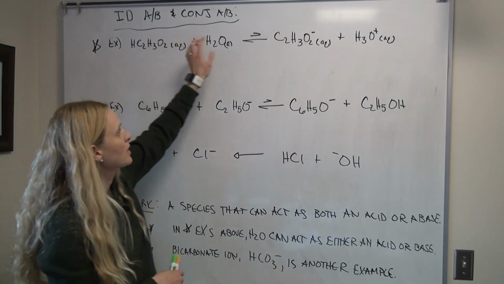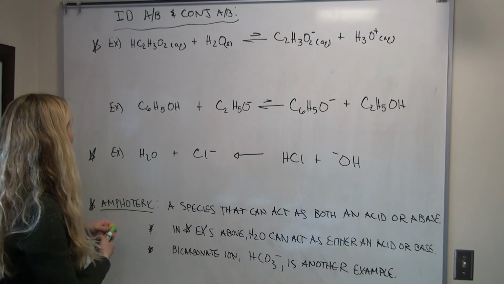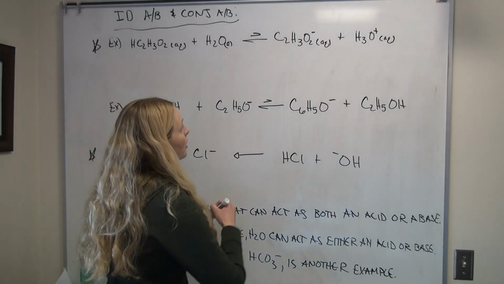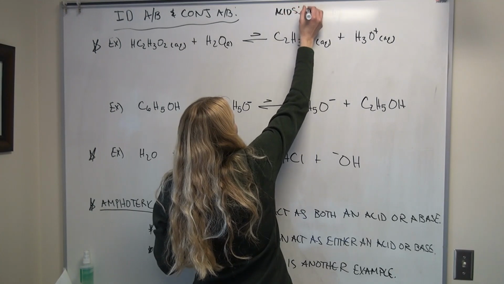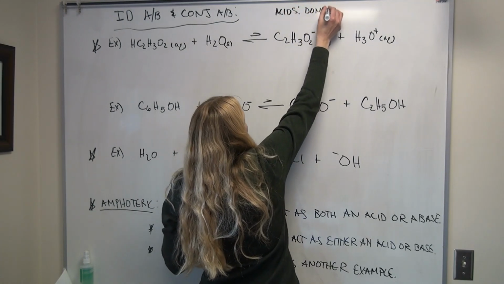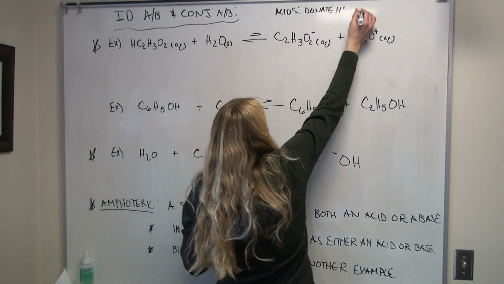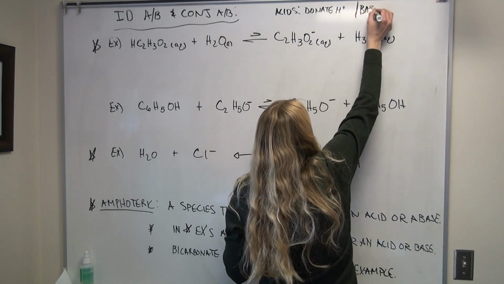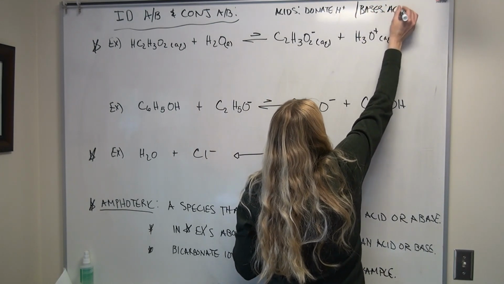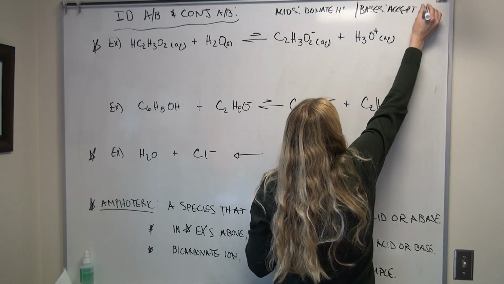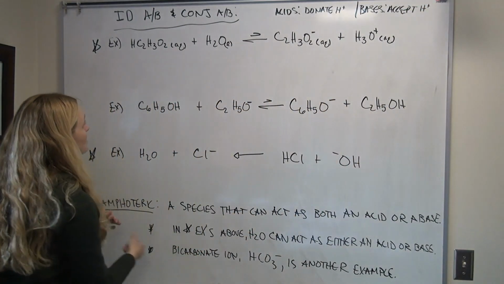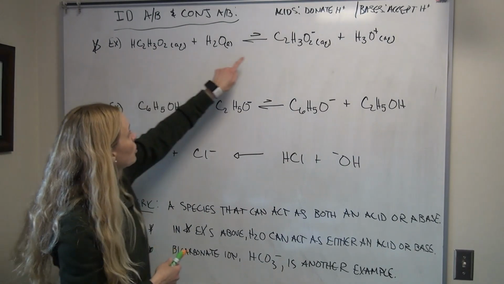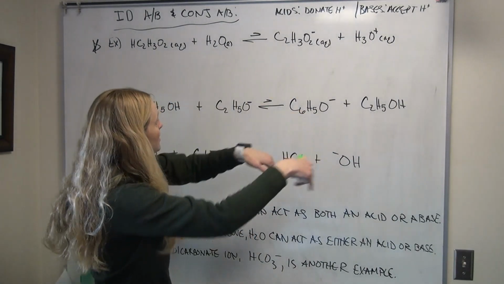This lost a proton, and probably what I should put on the board is acids donate, bases accept. So acids donate. Did it donate? Yes, it lost it. It gave it to something else.